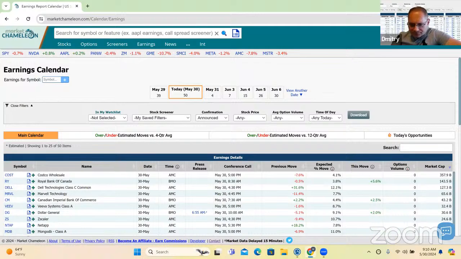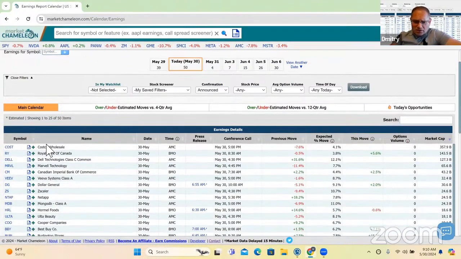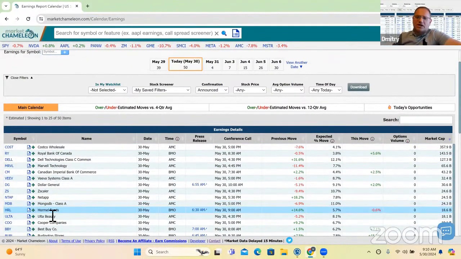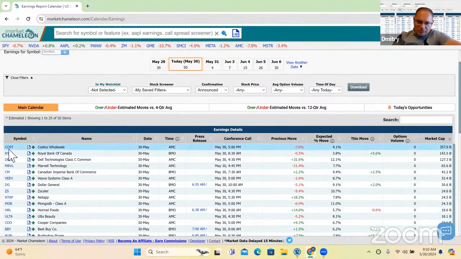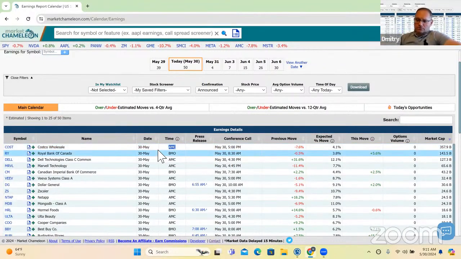Okay. And here, these are the expected earnings today. The one on the top of the list is Costco. It's going to report earnings today after the market closes.